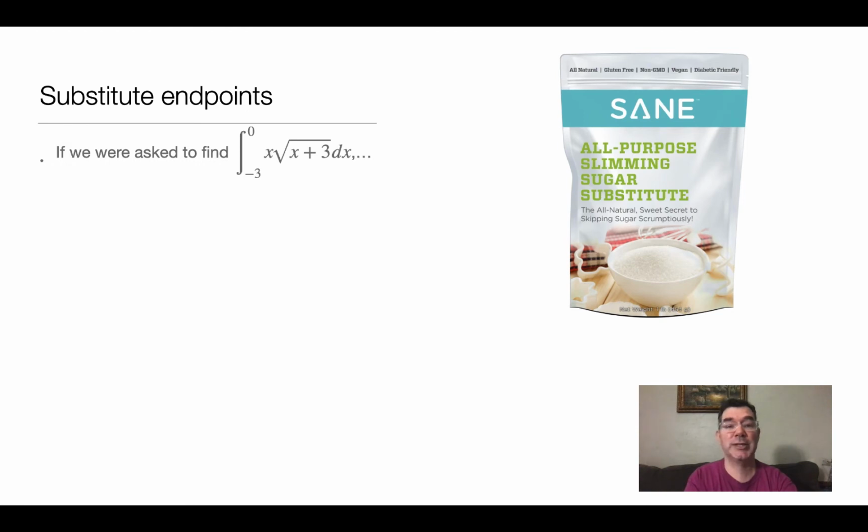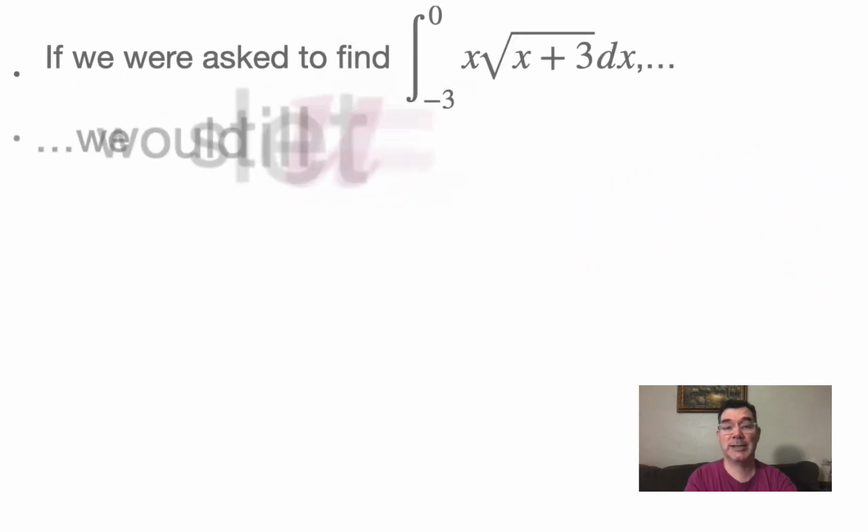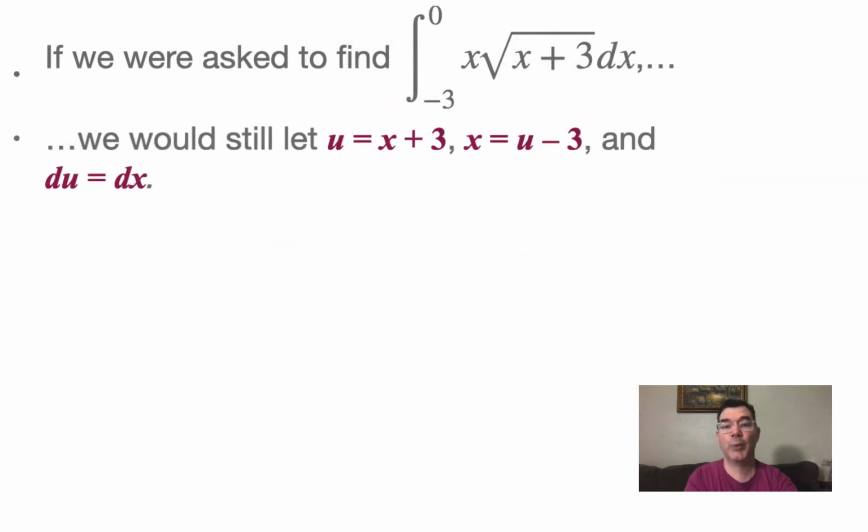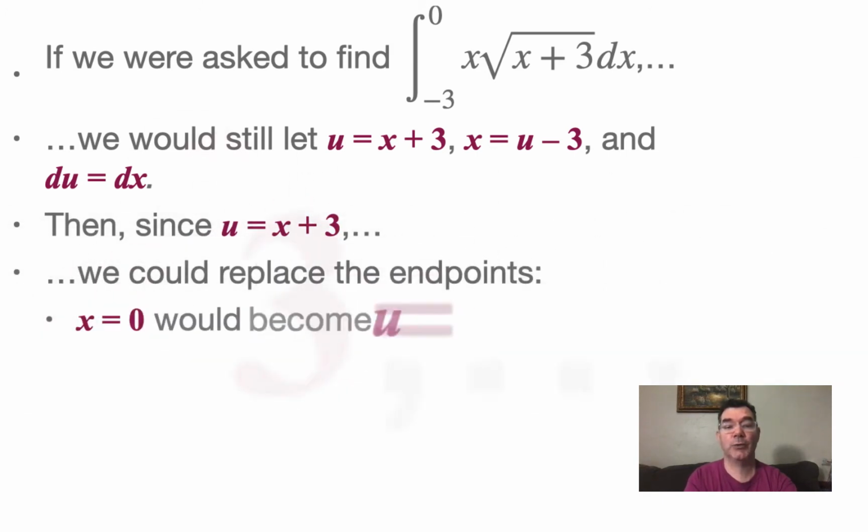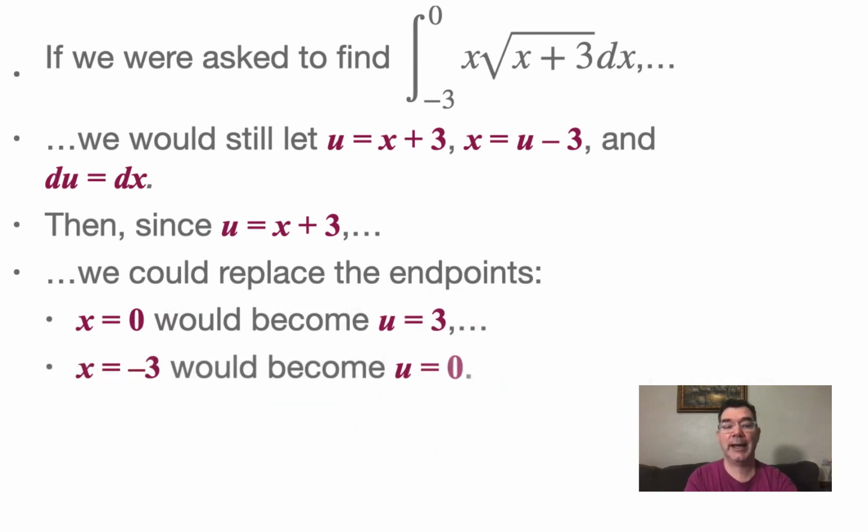All I would need to do is substitute the endpoints as well, because remember, those endpoints are x values. And so what I could do is, if I changed everything to be in terms of u instead of x, then I could change the endpoints to be u values instead of x values. So since u is equal to x plus 3, I could replace x equals 0 with u equals 3, and I could replace x equals -3 with u equals 0.